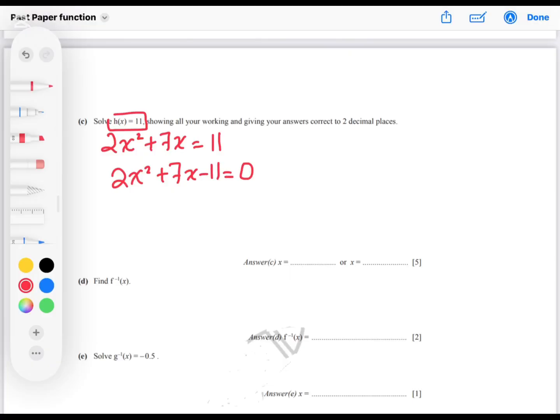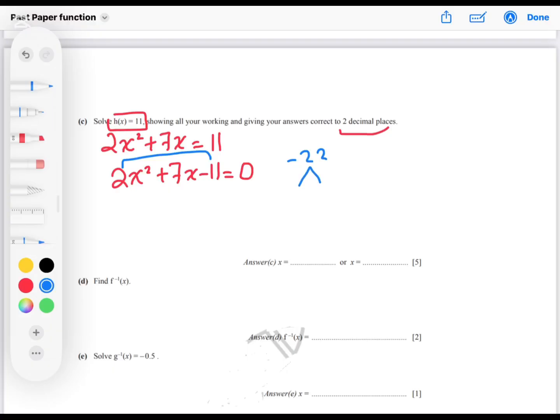Okay. I hope everything is clear. There is no confusion in this part. So what we got is 2x square plus 7x minus 11 equal to 0. This will be a calculator question because we have to find the value to 2 decimal places, and you cannot break it down by factorising. Well, let me see if there is any possibility: 2 11s are 22.